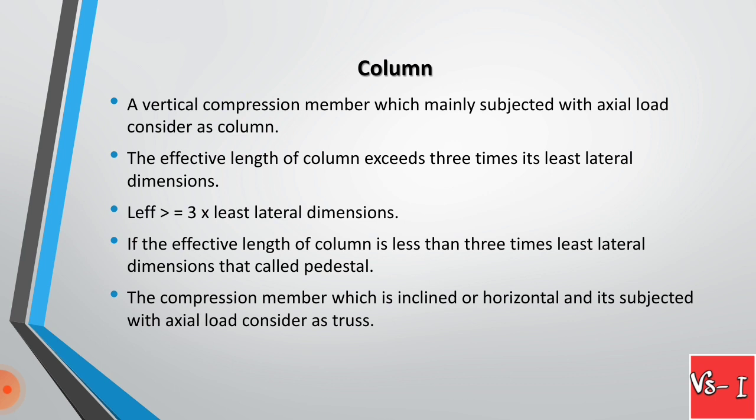If the effective length of the column is less than 3 times the lateral dimension, then it is known as a pedestal. A compression member which is inclined or horizontal and subjected to axial load is considered as thrust.